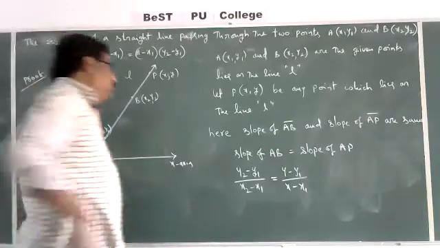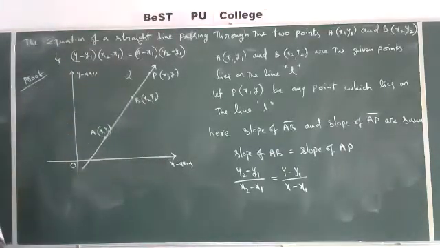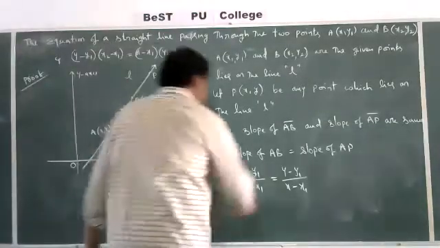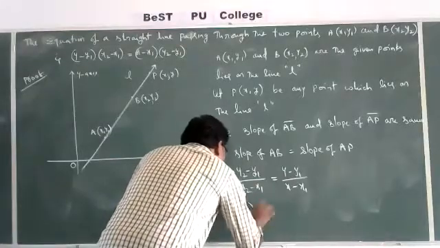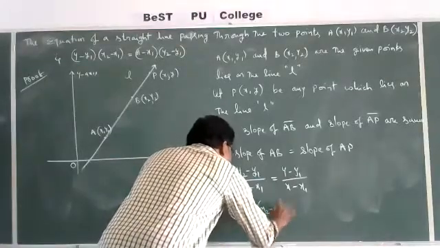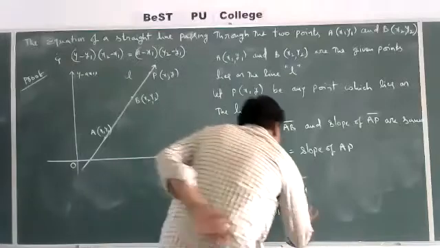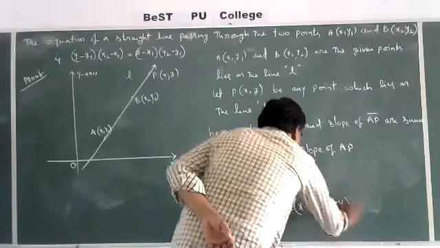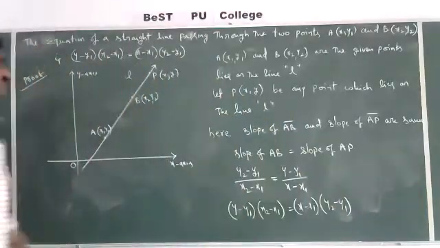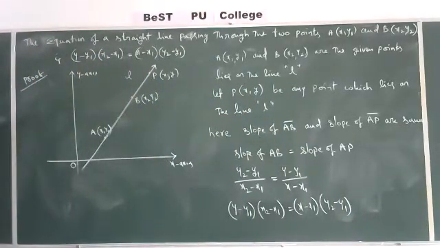Then cross multiplication: (y minus y1) into (x2 minus x1) is equal to (x minus x1) into (y2 minus y1).